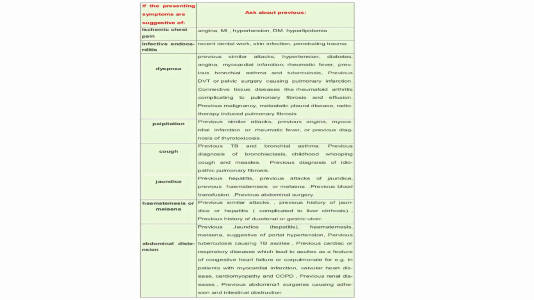Next, if the patient has presenting symptoms like ischemic chest pain, you can ask about angina pain, myocardial infarction, hypertension, diabetes mellitus, and hyperlipidemia, high cholesterol level. If the patient has infective endocarditis, you can ask about skin infection, any kind of penetrating trauma, or recent dental work. If the patient has dyspnea, shortness of breath, you can ask these questions.